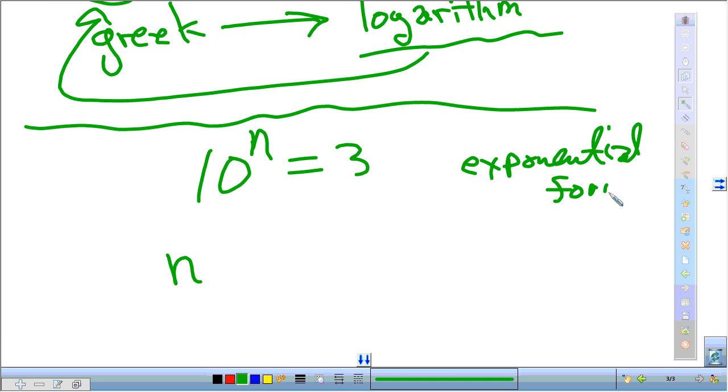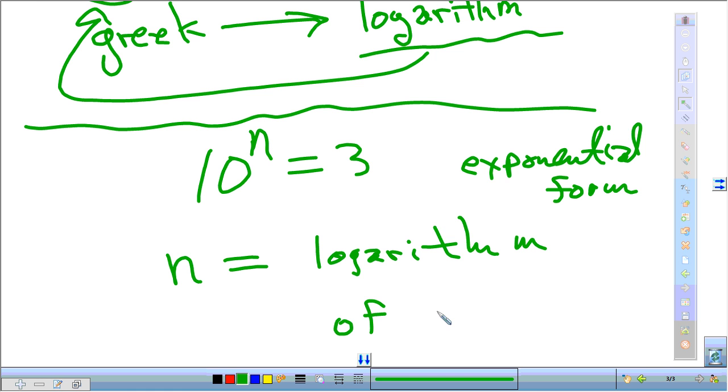Or we have this exponential form of something. If we want the exponent, then now we have this name for it. We would call it the logarithm necessary to get 3.